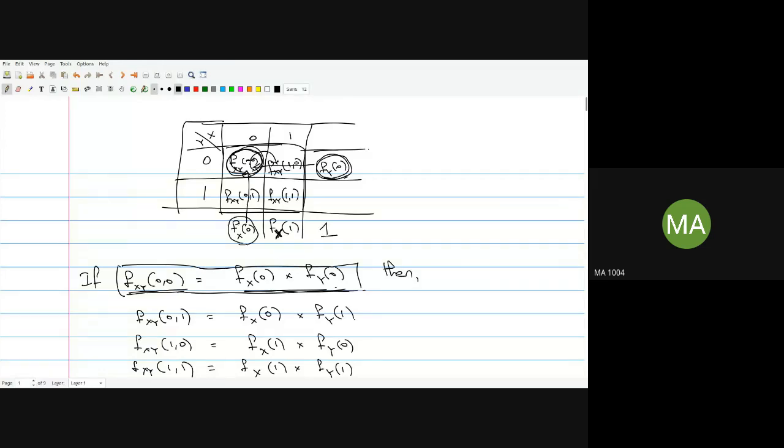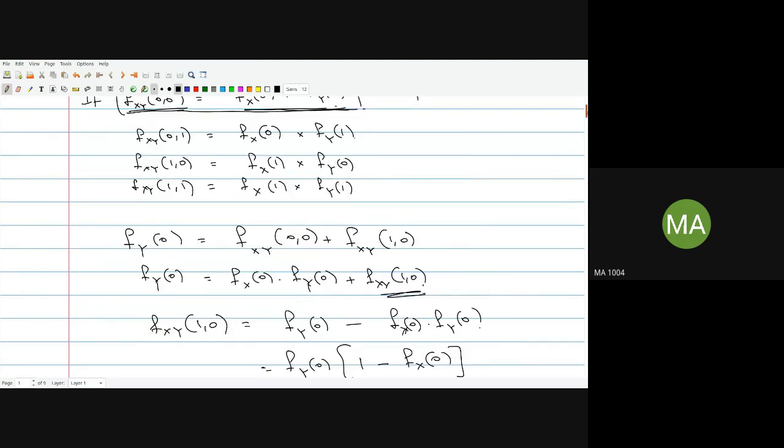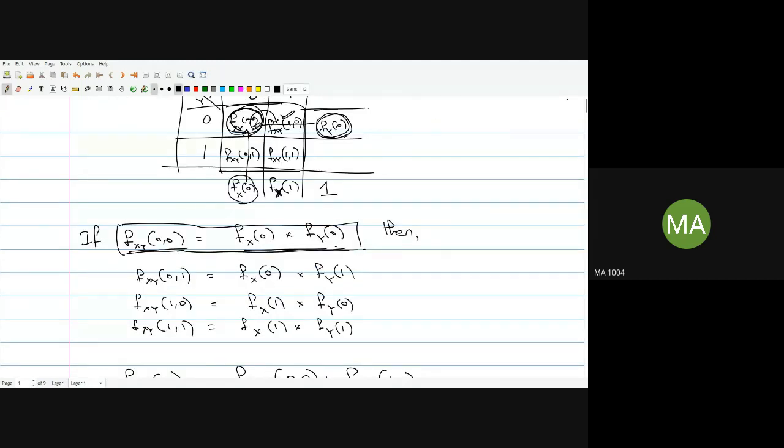Fx of 0 plus Fx of 1 is 1. So 1 minus Fx of 0 will be Fx of 1. So this will be Fy of 0 times Fx of 1. So you see Fxy of 1, 0 is actually product of marginals. Okay, so this also holds.